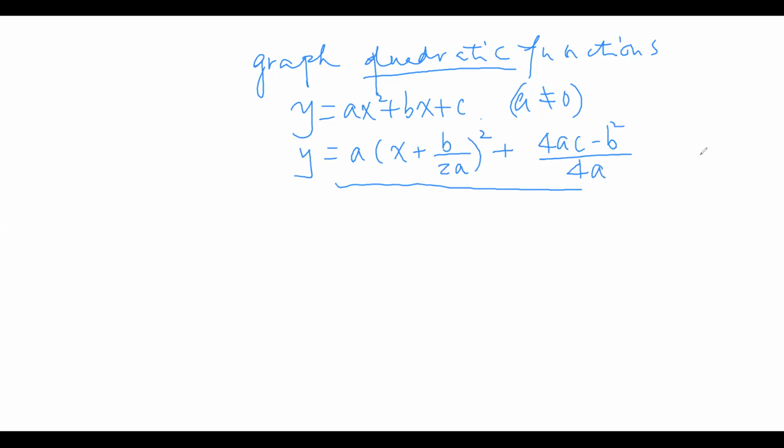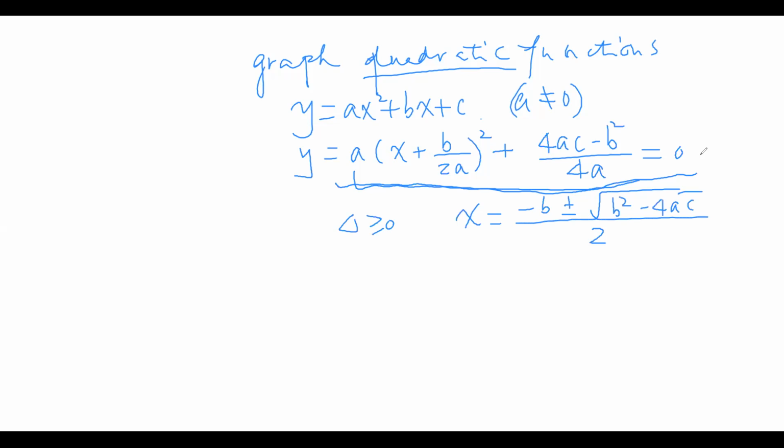So when this equals 0, we can further transform it into x equals negative b plus or minus the square root, and inside here we call it the discriminant, over 2a. The discriminant needs to be greater than or equal to 0.